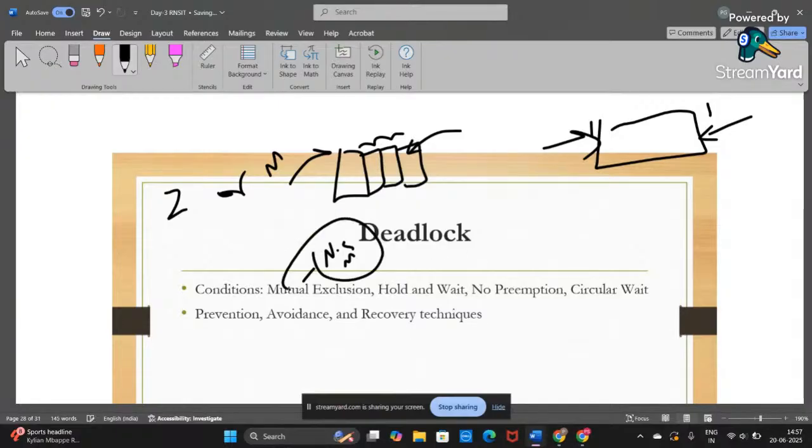It already has at least one resource, but it is still waiting to acquire an additional resource.